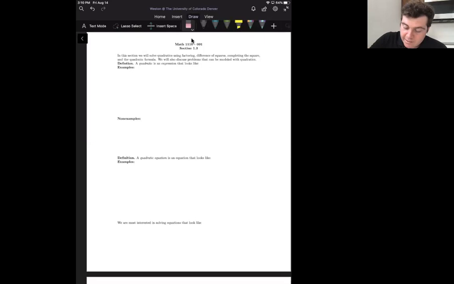A quadratic is nothing more than just an expression that looks like ax squared plus bx plus c, where a, b, and c are just numbers. So some common examples are expressions such as x squared plus 1, x squared plus pi x plus 5.